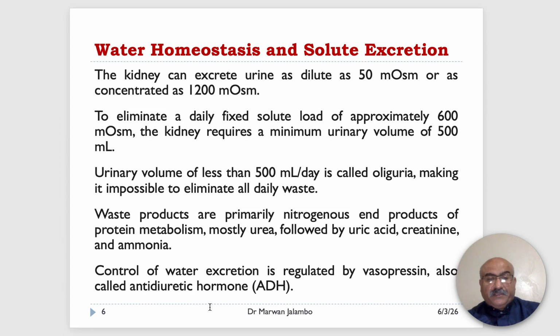These wastes are mostly nitrogenous end products of protein metabolism, primarily urea, along with uric acid and creatinine. The entire process of water excretion is tightly regulated by vasopressin, also known as antidiuretic hormone.